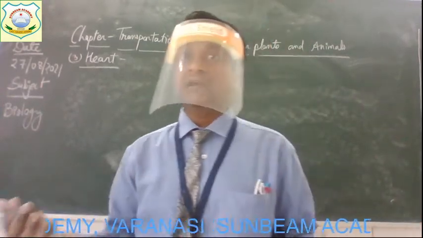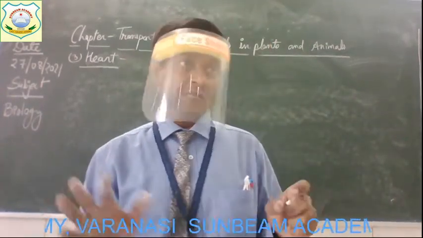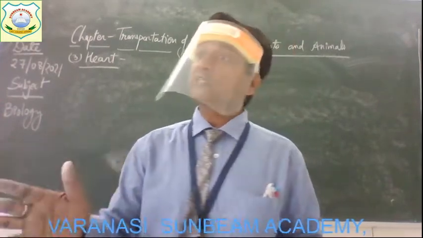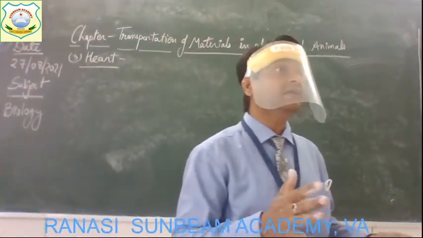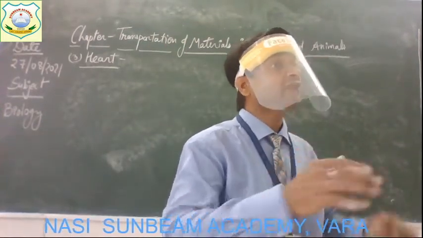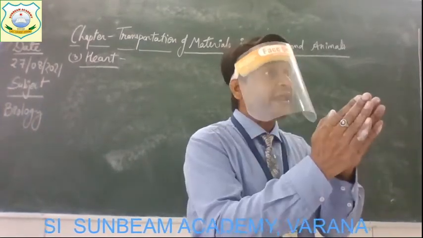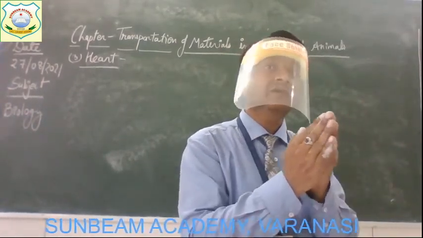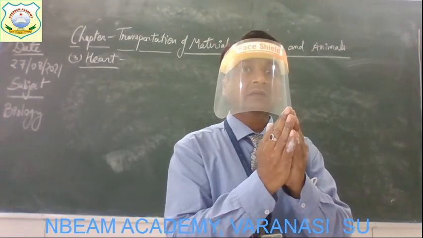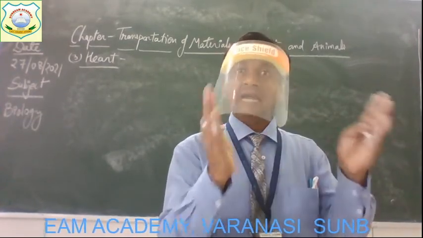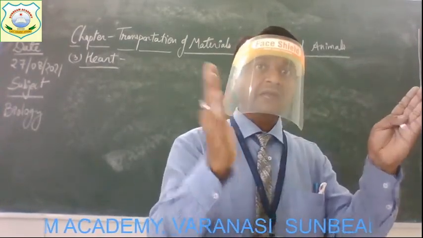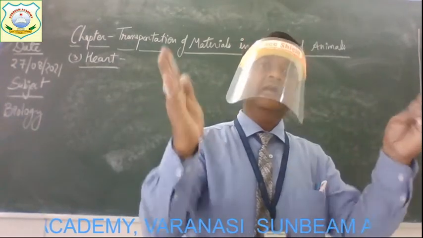The main function of the heart is pumping of blood, that you know very well. So how does this pumping of the blood occur by the heart? Because of expansion and contraction of the muscle of the heart. Get it? The heart muscles continuously expand and contract.